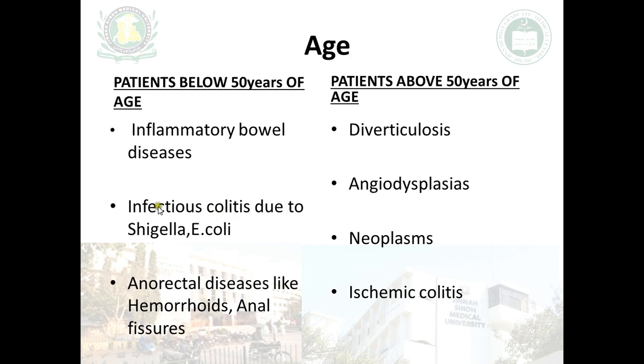Anorectal diseases like hemorrhoids and anal fissures are all common below the age of 50 years. If a person is above 50 years, these are the main things that should be in our priority list to rule out: diverticulosis, angiodysplasias, neoplasms, malignancies, since we consider that malignancy is present in the older age groups, and ischemic colitis.